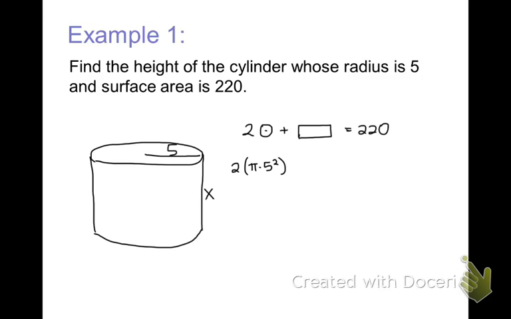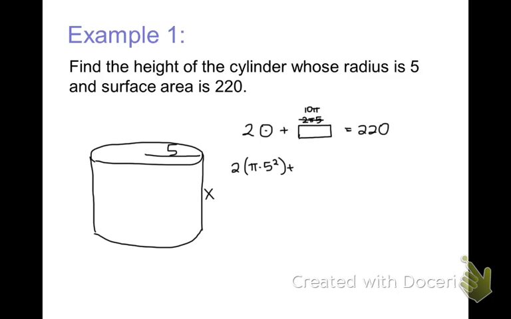How do I find the area of that rectangle? What is the length of the rectangle? In general, what is that distance called? The circumference. How do I find the circumference of this circle? 2 times pi times 5, but I can multiply the 2 and the 5 together to get 10 pi.